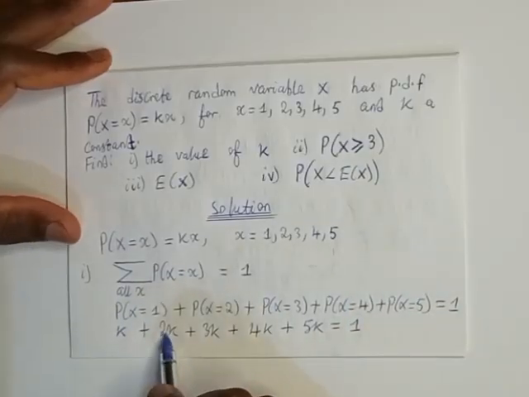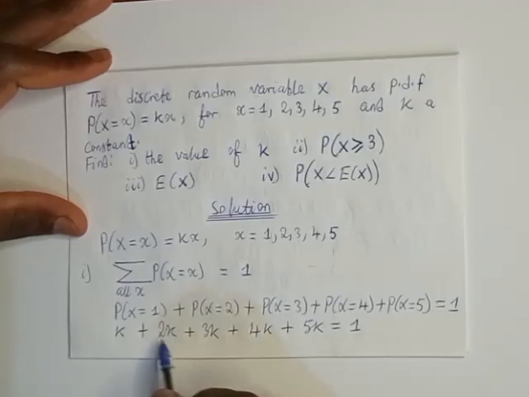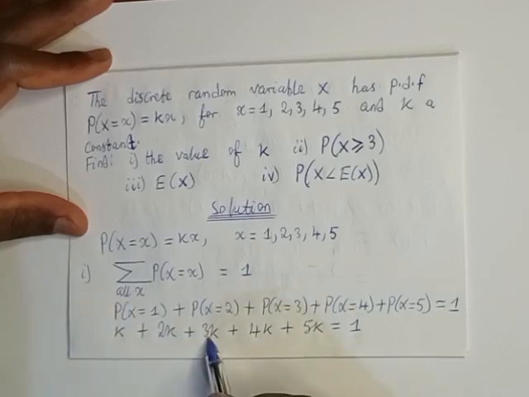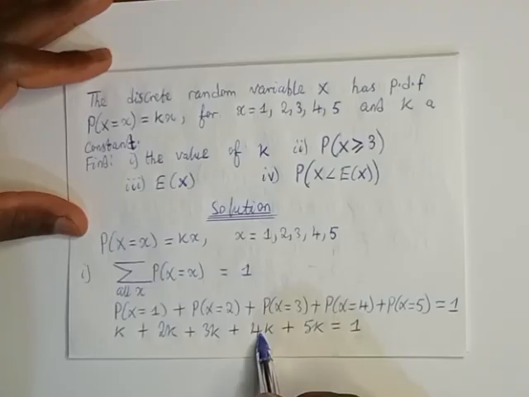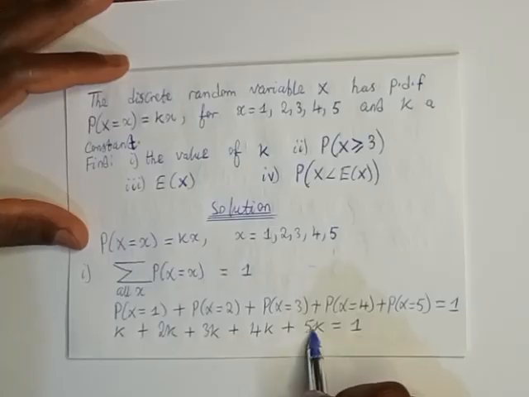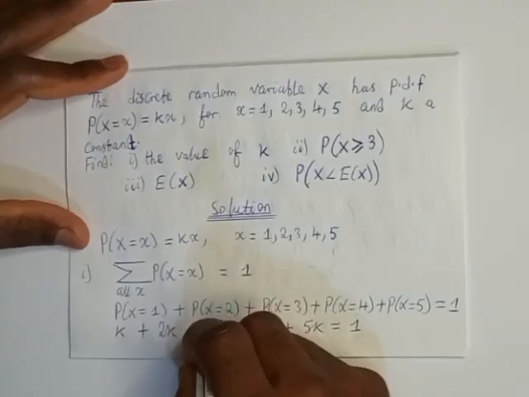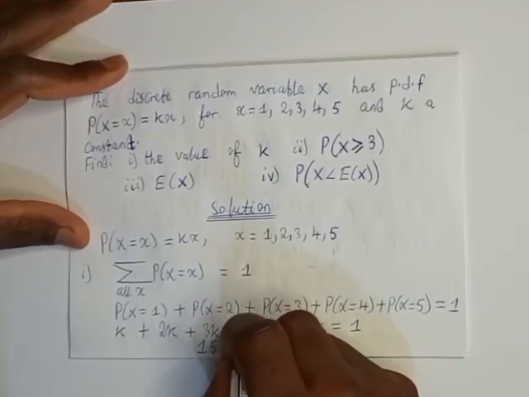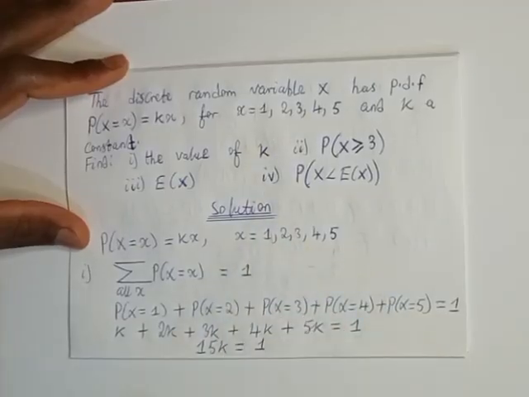K plus 2K gives 3K, plus 3K gives 6K, plus 4K gives 10K, plus 5K gives 15K. So 15K equals 1.